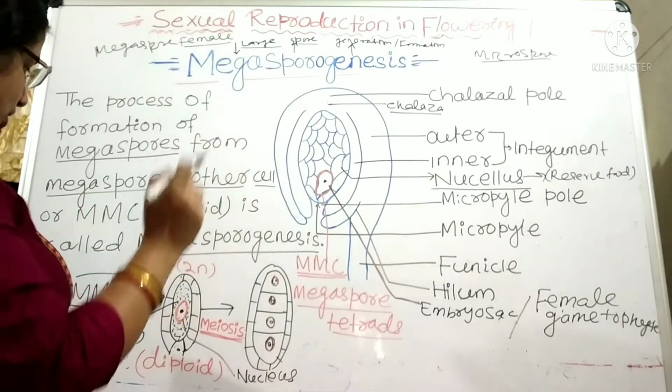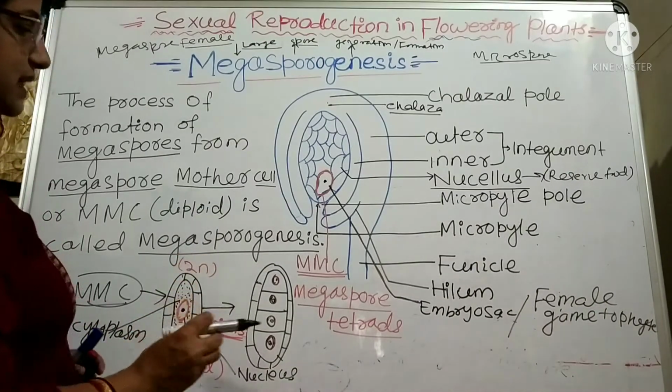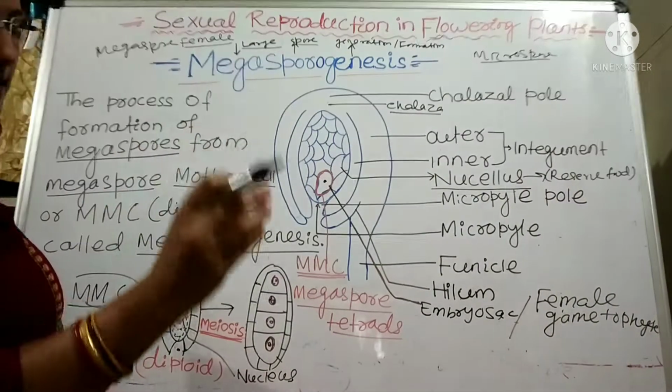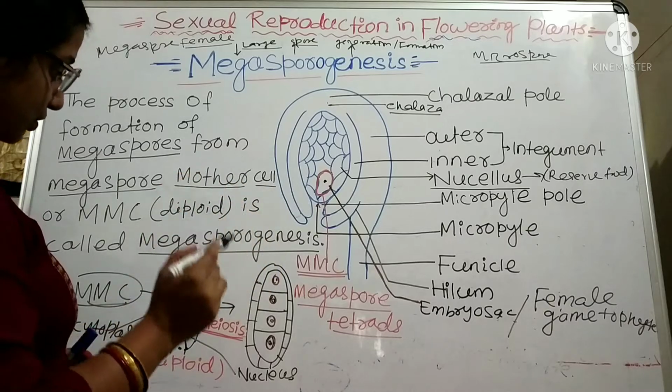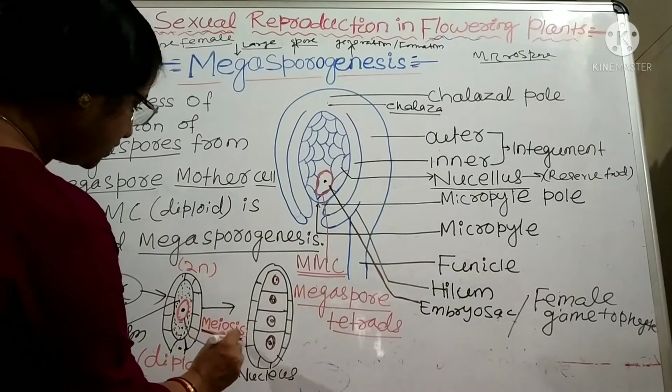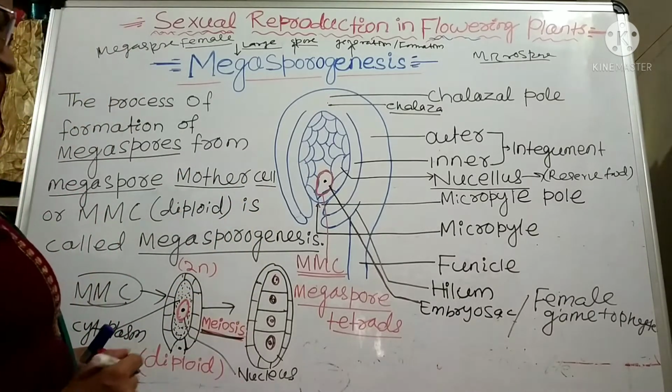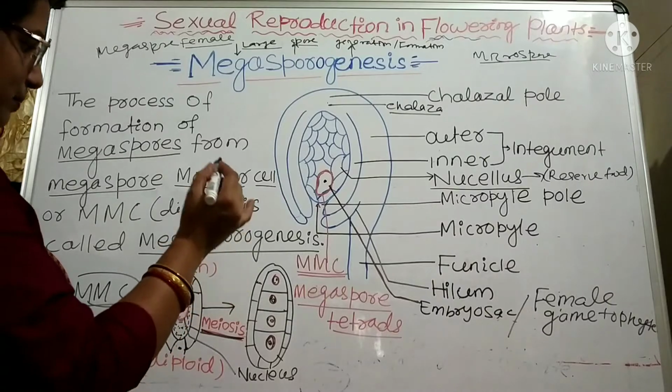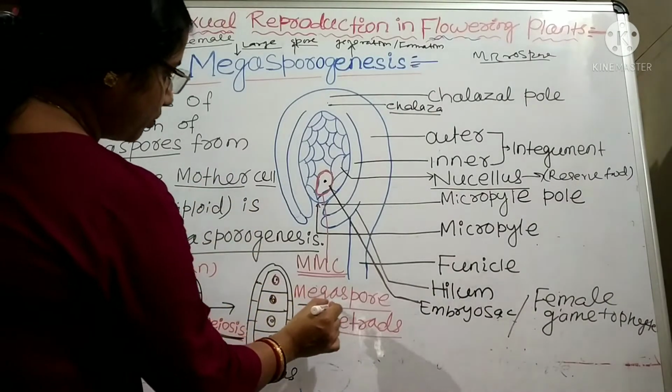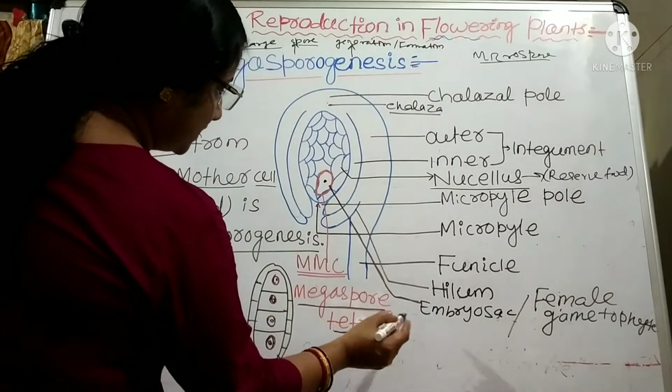When the megaspore mother cell enlarges in size, it undergoes meiosis division and produces megaspore tetrads.